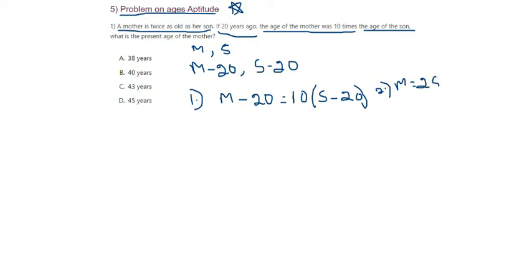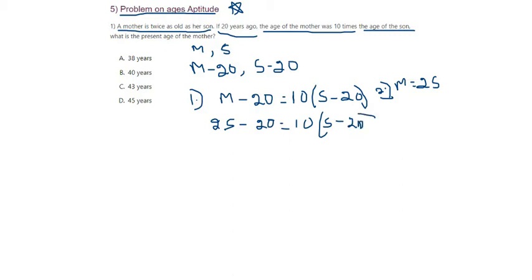So here we can substitute using these two equations: M is equal to 2S. Wherever M is there, 2S minus 20 is equal to 10S minus 20.